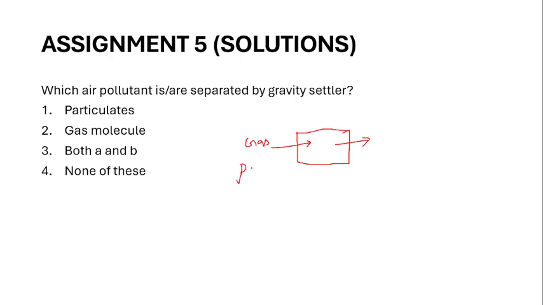All the gas pollutants will be going in through this settling chamber and out. So we can observe the settling of the pollutants here based upon gravity. This is mainly applicable to the particulates. So that is the right answer.